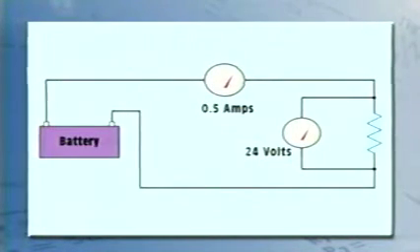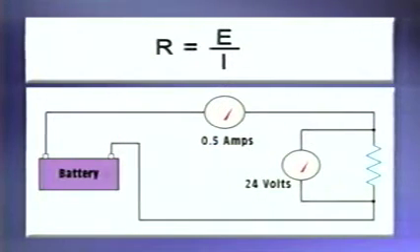Assume that a 24-volt battery is connected to a resistor. Also assume that an ammeter indicates a current flow of 1/2 ampere. What is the resistance of the circuit? After determining the proper formula, substitute the values in the problem for the letters in the formula.